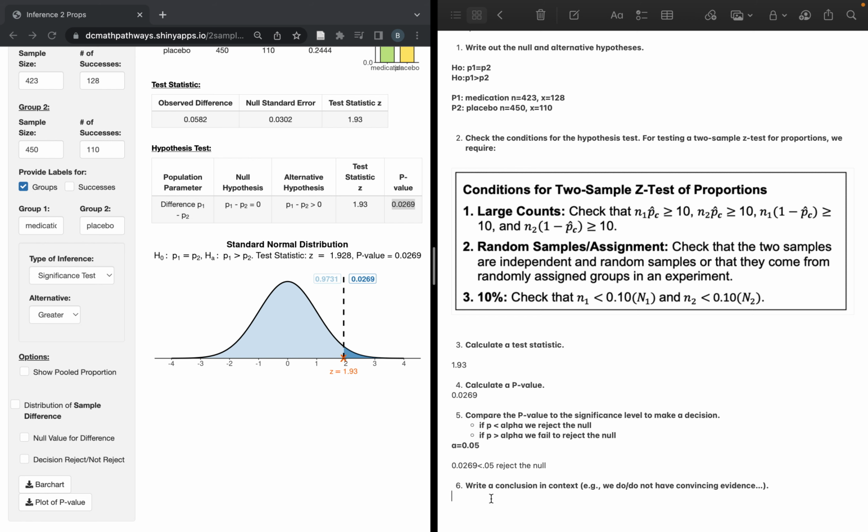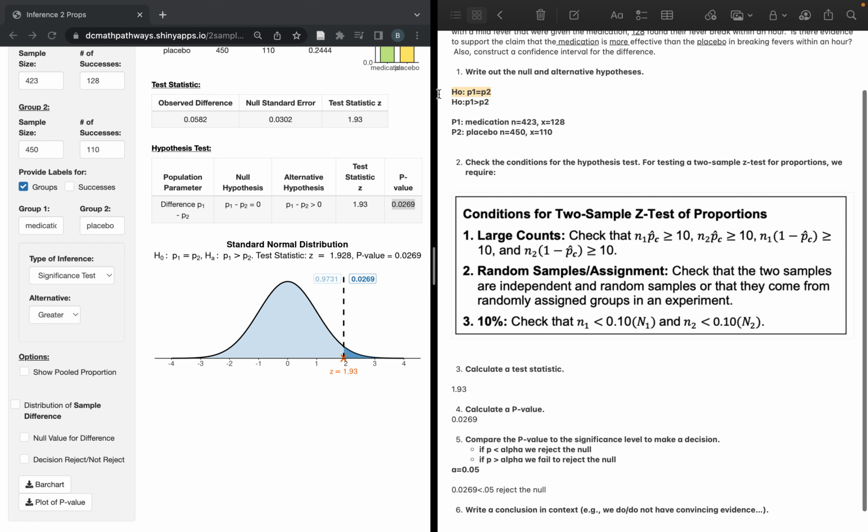So whenever we reject the null, we are rejecting that they're equal. We're saying no, they're not equal. We're saying there's evidence for the alternative.